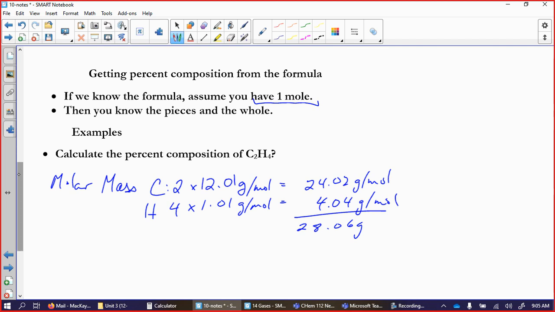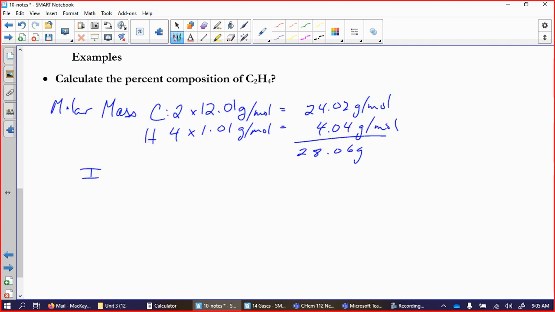If we have a mole, I don't know why I put an H in there. We therefore have 24 grams of carbon, 4 grams of hydrogen, and 28 grams of this, ethylene.